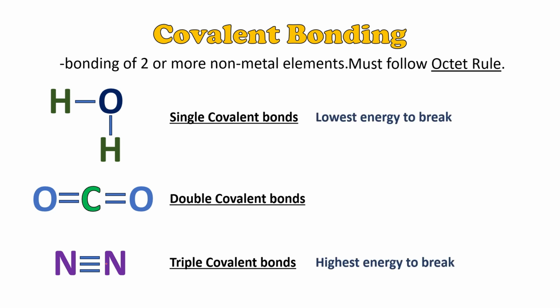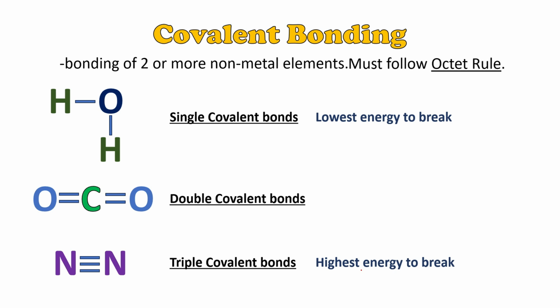Now, comparison, which one is much stronger? If there are devices that can break apart the atoms in a molecule, the lowest energy is for the single covalent bond, of course, because it is single, and the strongest one that needs a higher energy is the triple bond.